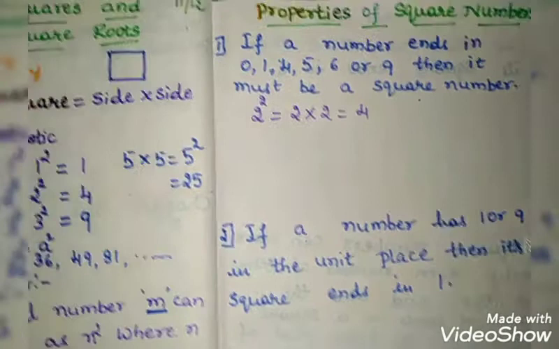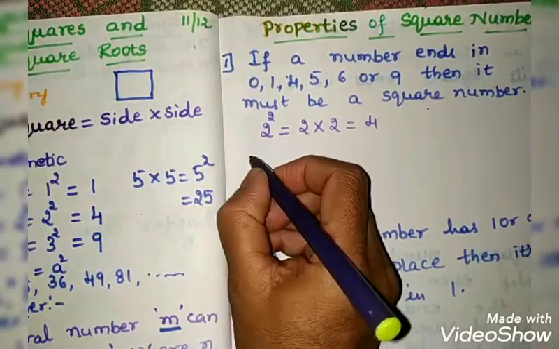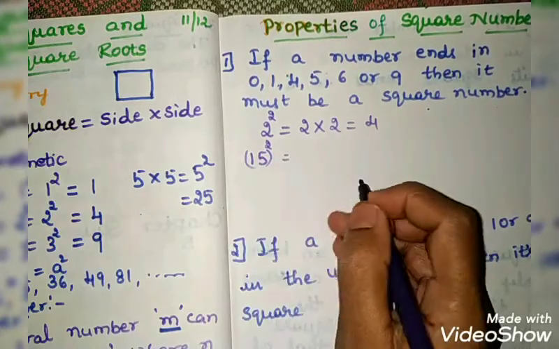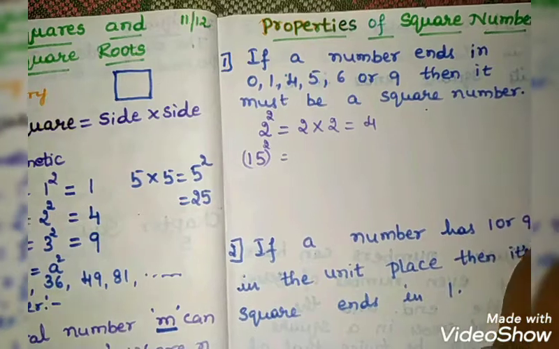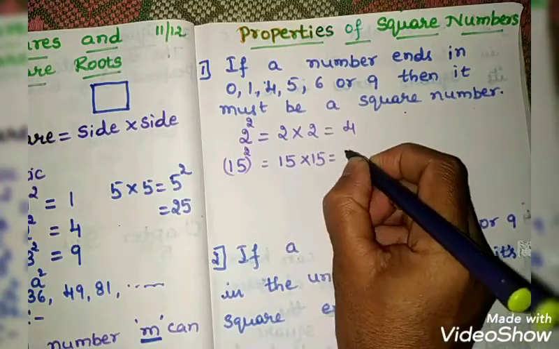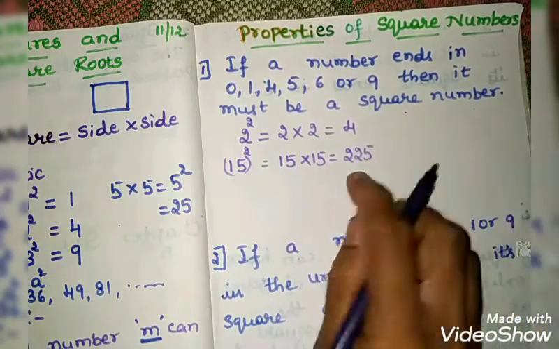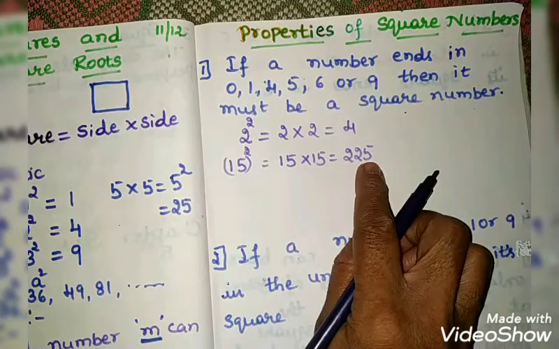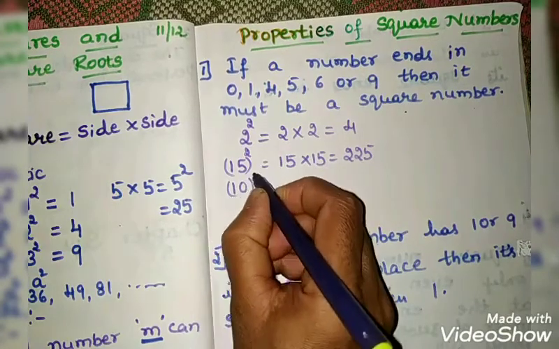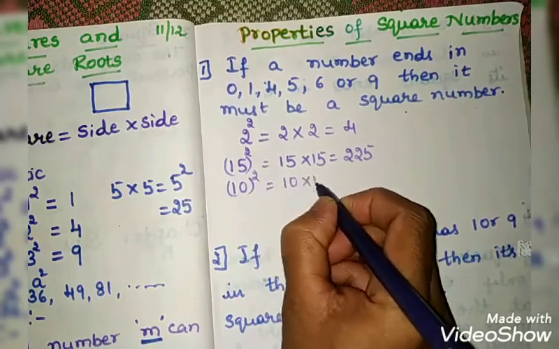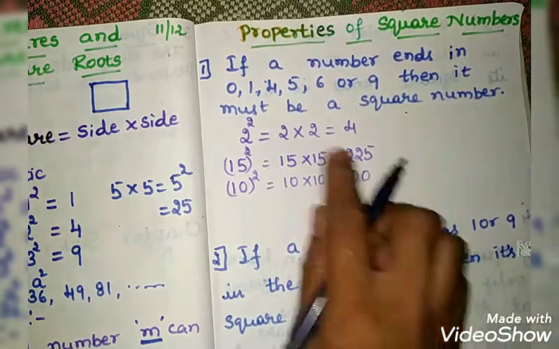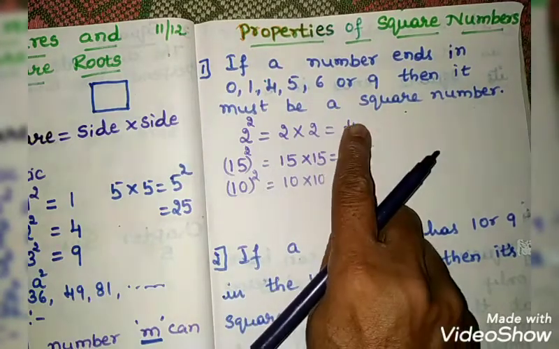Now let us take 15 square, children. 15 into 15, this is 225. It is ending with 5. Right? Yes. Let us take 10, easy one. 10 square, 10 into 10. It is 100. Ends with 0. Ends with 5. Ends with 4.